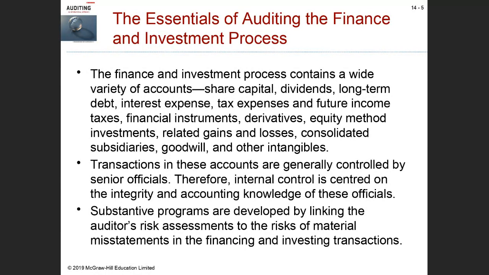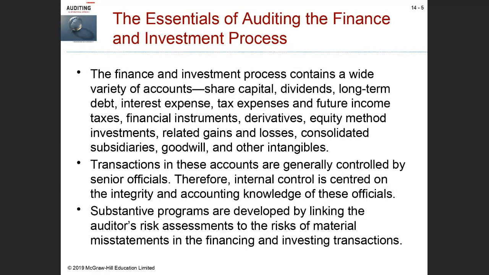The second bullet point, transactions in these accounts are generally controlled by senior officials. So when we think about the other cycles that we've talked about, the revenue receivable receipt cycle, purchases and payables payments, the payroll cycle, typically those types of cycles have many, many transactions occurring in them throughout the year.